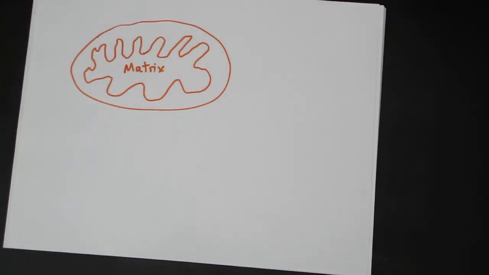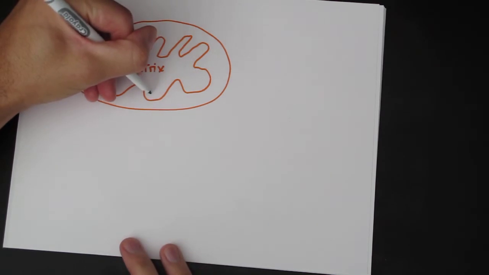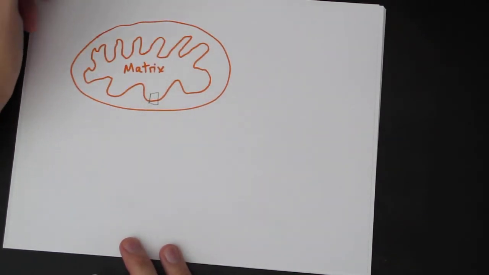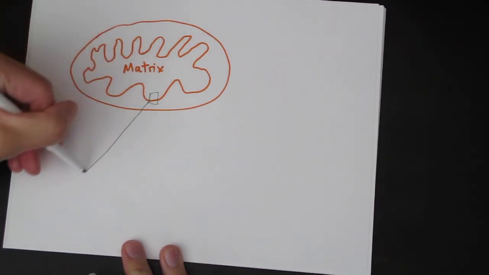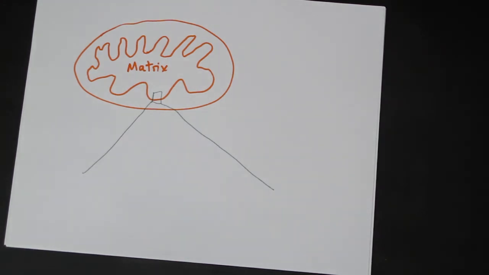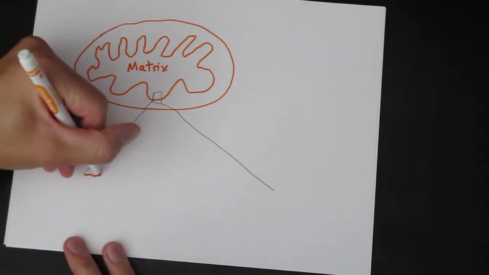So let's take a look at a section of that membrane and see what we have here. I'm going to take a section of this membrane and blow it up. We're going to take a much closer look at that. So here's my inner membrane of my mitochondria.